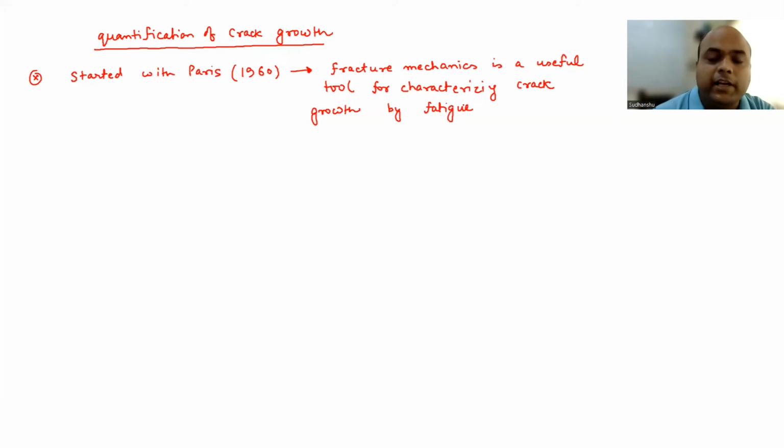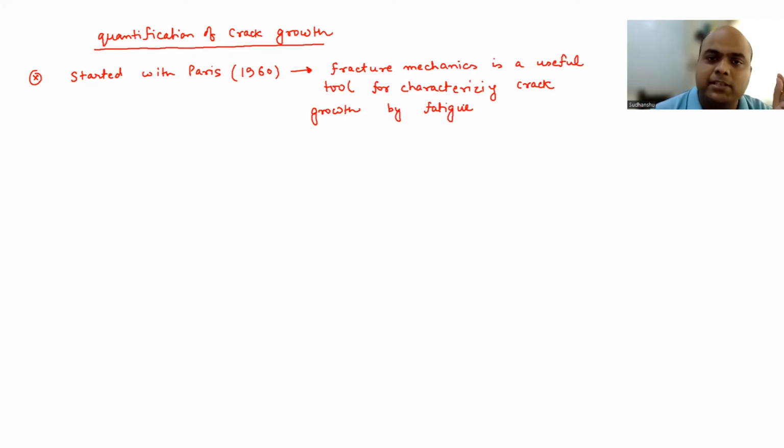Okay, so till now what we have discussed is the S-N plot, right? So we have stress and the number of cycles to failure, right? There we don't discuss how the crack has initiated and propagated. So we don't quantify the crack propagation. What we know is how many cycles a sample is going to survive, okay, at a given stress or, say, load, right?